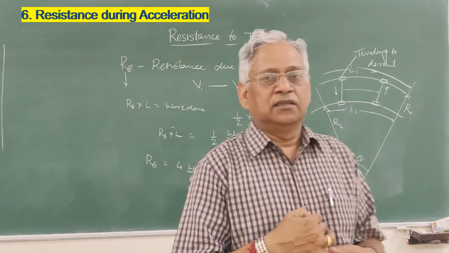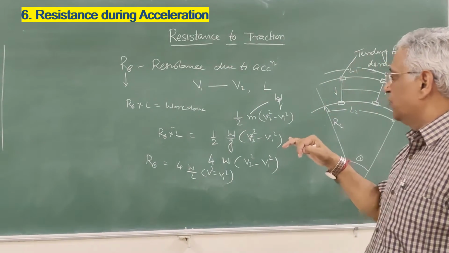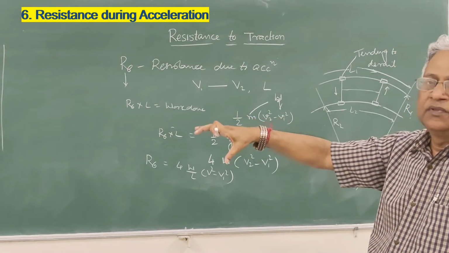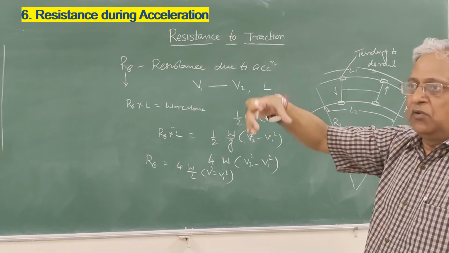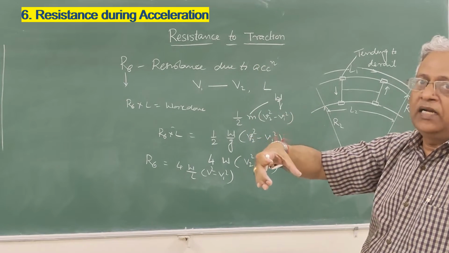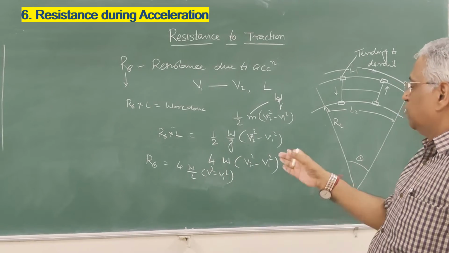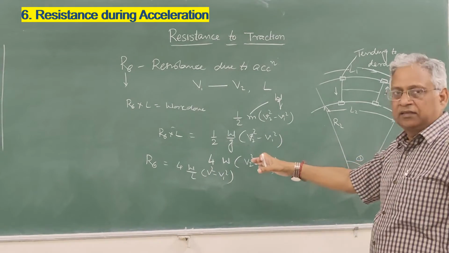Now this is the force required for motion of translation. That is how the equations have been derived. But when you provide rotatory motion, the force will be sufficient to provide rotatory motion to the wheels as well as motion of translation, and therefore that force is slightly more than this.